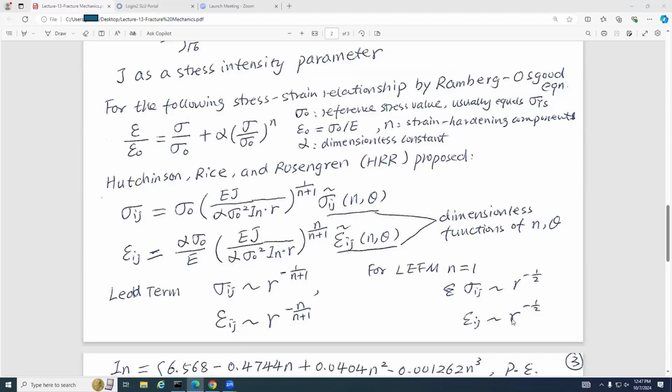But u i is not. You still remember? Yes. u is proportional to r to the 1/2. That means when r goes to 0, u goes to 0. So u is not singular.